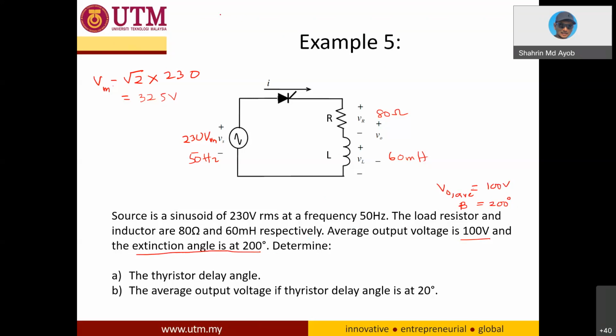You can use this formula: V out average equals Vm over 2 pi, times cos alpha minus cos beta. So this one is 100 equals 325 over 2 pi, cos alpha minus cos beta.